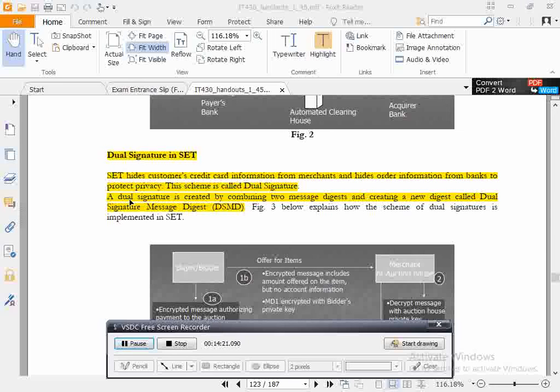A dual signature is created by combining two message digests and creating a new digest called the dual signature message digest. Now here it is, the dual signature message digest, its abbreviation is DSMD.